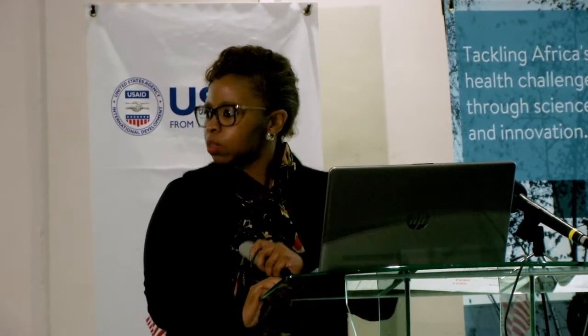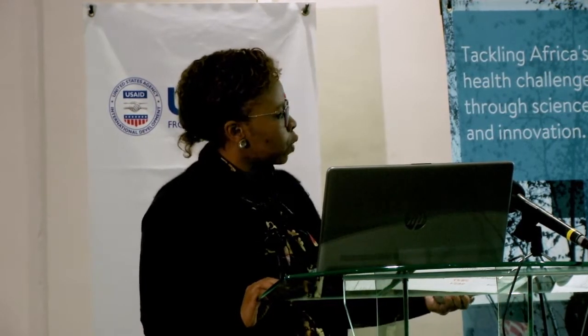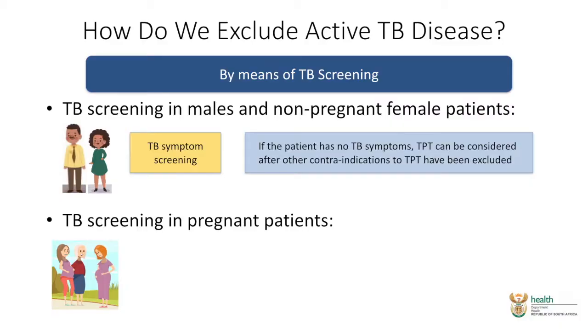Because the TB screening tool in pregnancy is not reliable, you use the Gene Expert as a screening tool, all right? So TB symptom screening is done, and if the patient has no symptoms, TPT can be considered after the contraindications of TPT have been excluded, and we'll go through those.